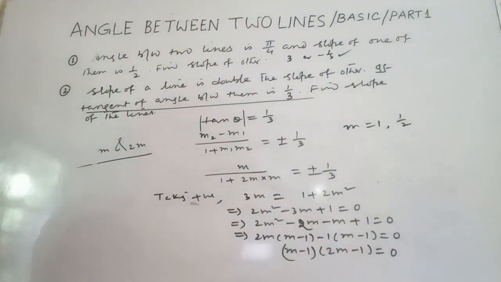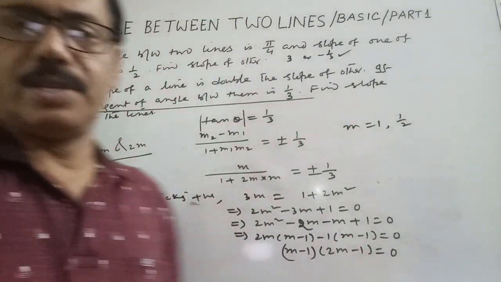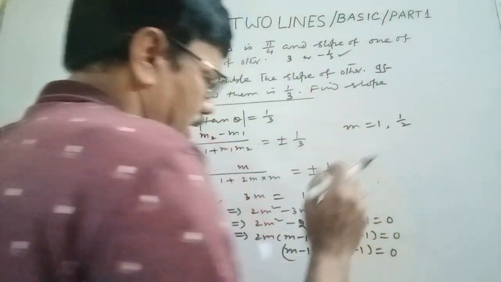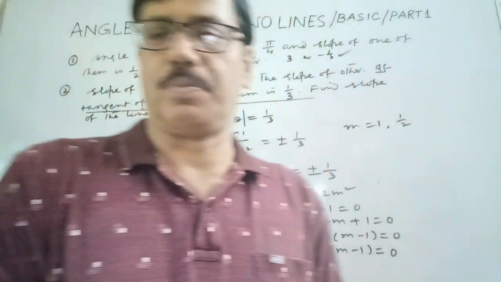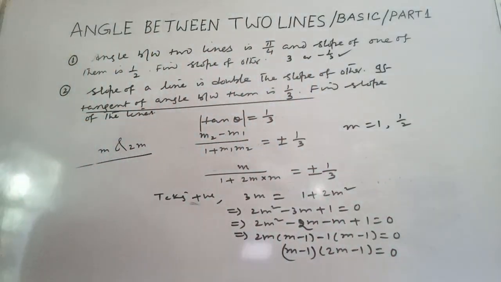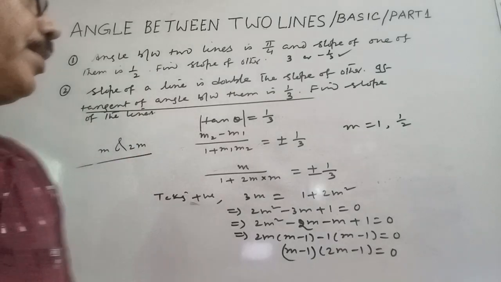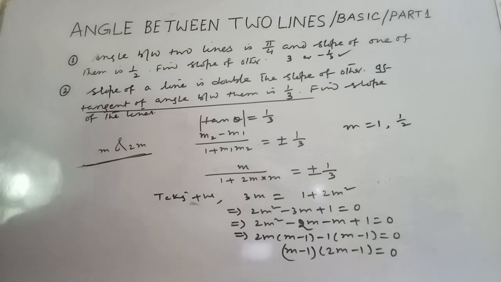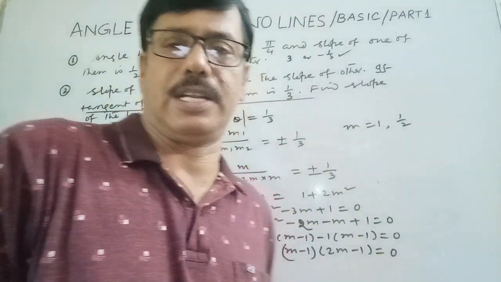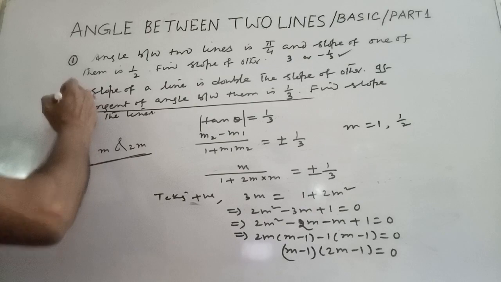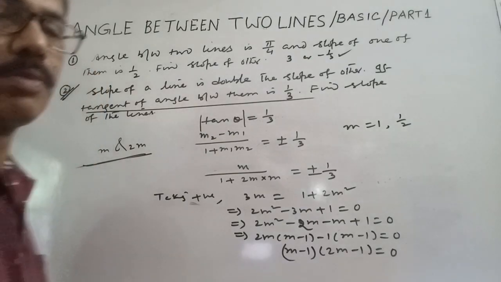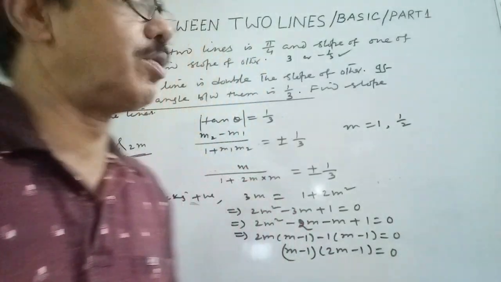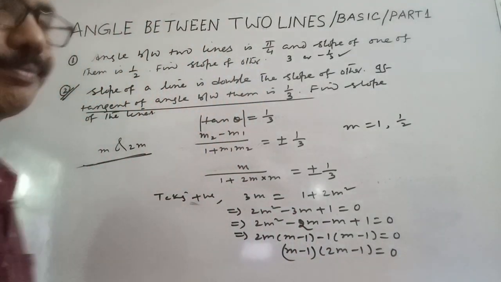Look, 1 is double the other. Similarly, if you take the negative sign, you get a quadratic equation in m. If you get real m, you take those values, completing the second part. These are very simple problems, but these are important problems of WBJEE.